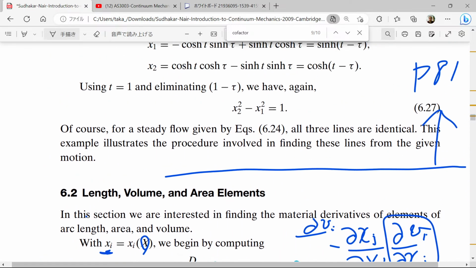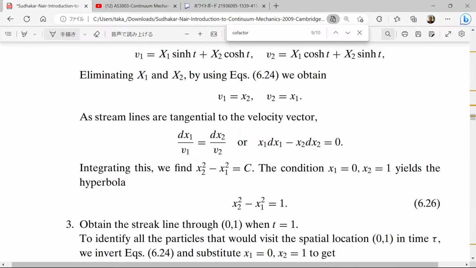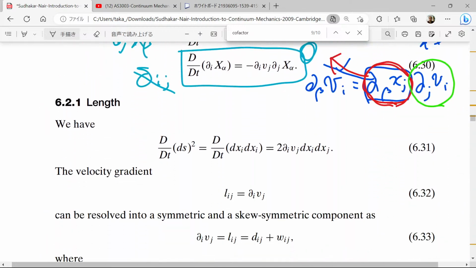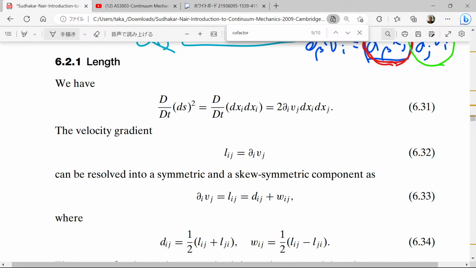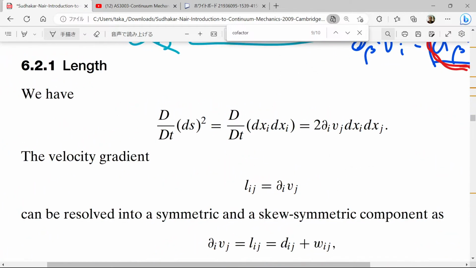Let me see. It seems I skipped something. Maybe okay. I didn't skip. Length. So we take a derivative of length.